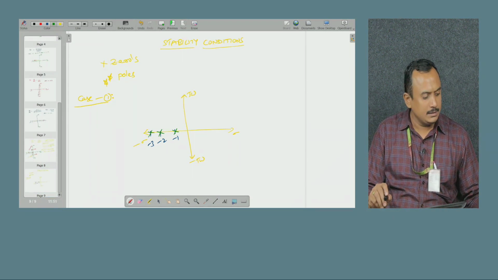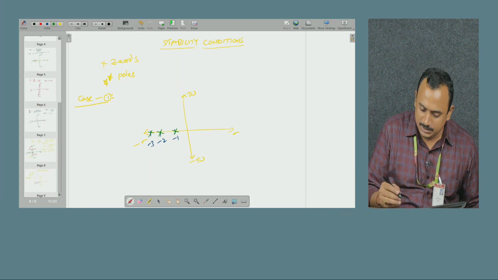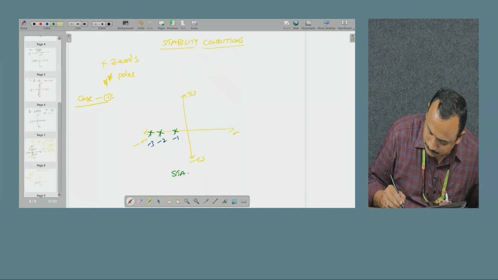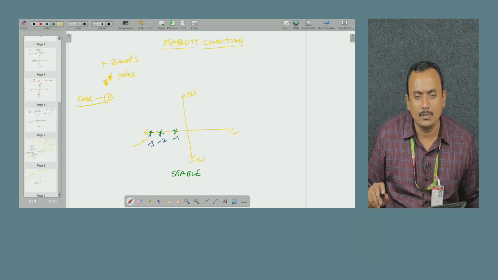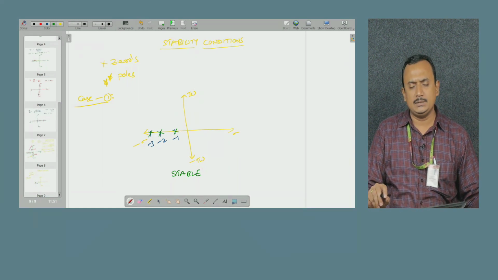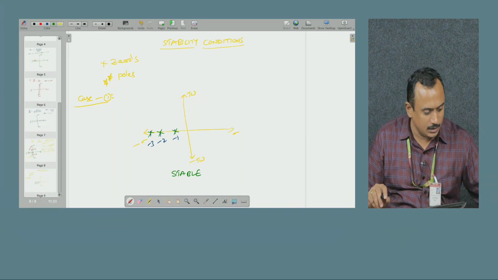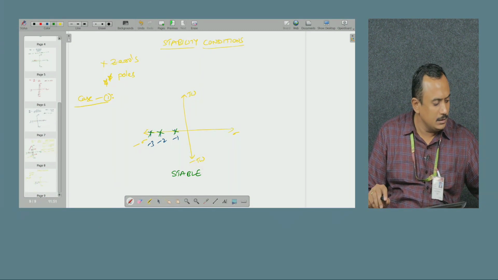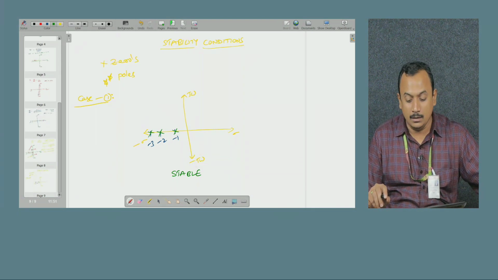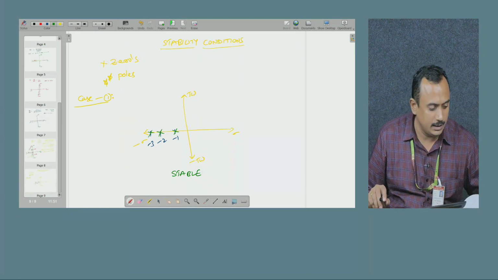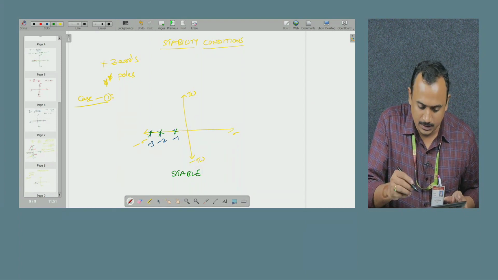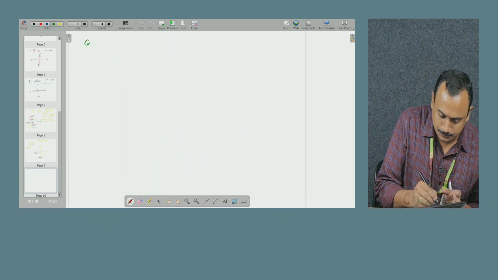Now we can say the system is stable. I repeat, for the given transfer function, if all the poles lie on the left hand side of the S plane, then we can say that the system is stable. Now in this case the poles are said to be placed on the negative real axis. This is case 1.